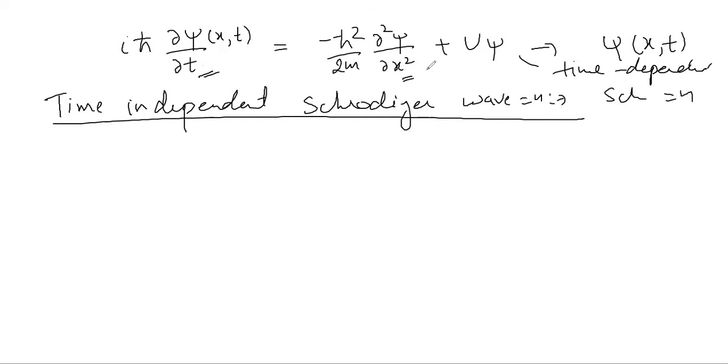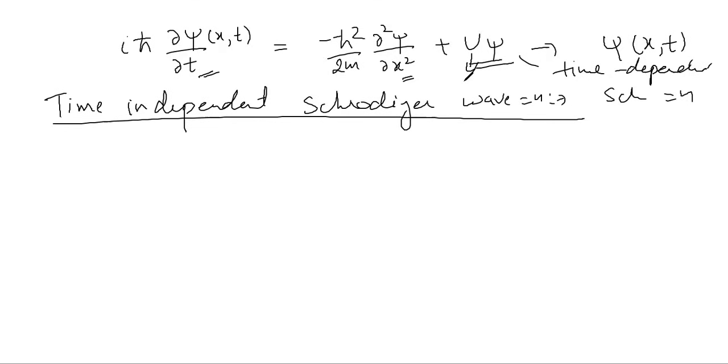So there is no mixing of x and t except this last term here. Because in the last term, you do not know if this potential here is simply a function of position or is it a function of position and time both?